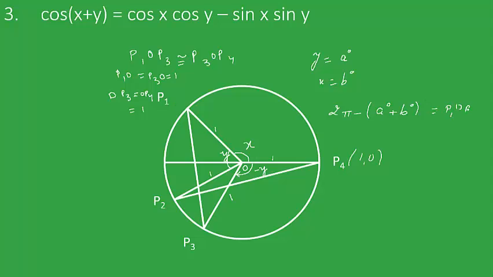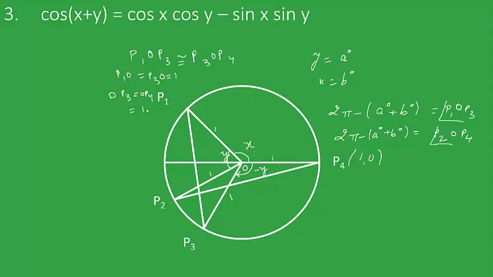Similarly, you can work out the measure of angle P2 O P4, which will be again the whole angle 2 pi minus x minus y. So it will again come out to be 2 pi minus a degree plus b degree. That is P2 O P4.